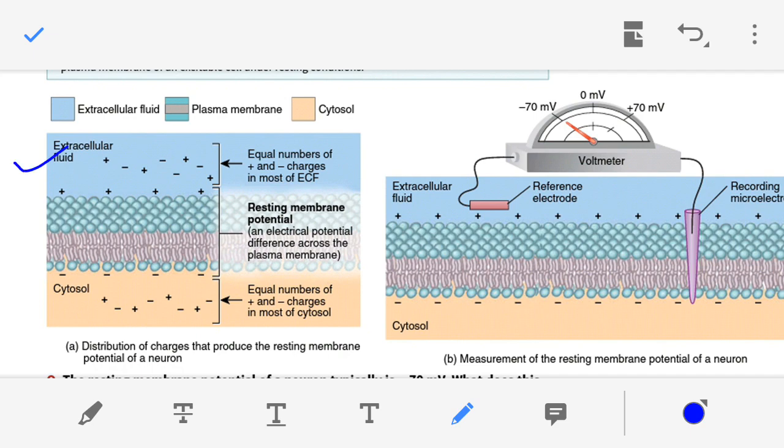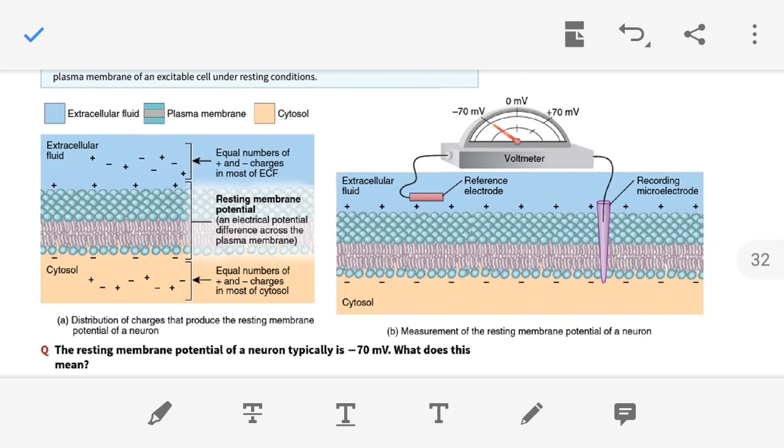Outside the neuron is extracellular fluid, and in this fluid both positive and negative ions are present, as well as in the cytosol. Positive and negative ions are present in the cytosol and extracellular fluid.